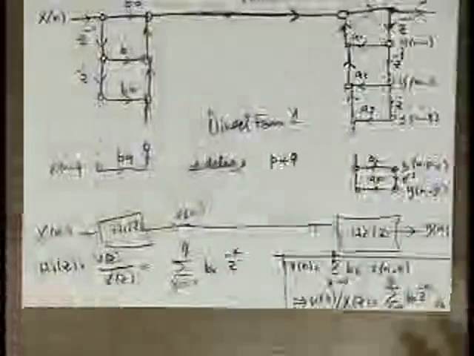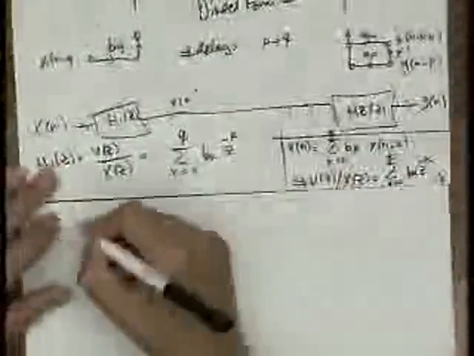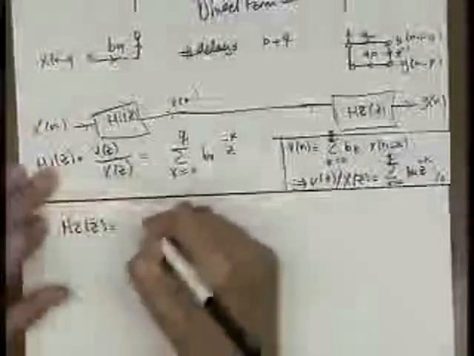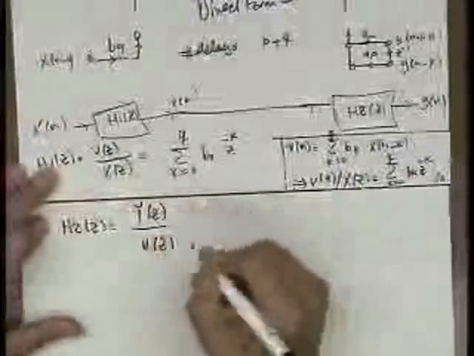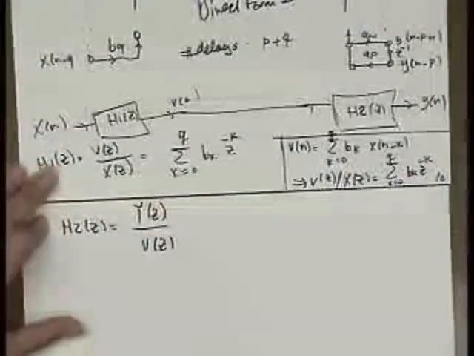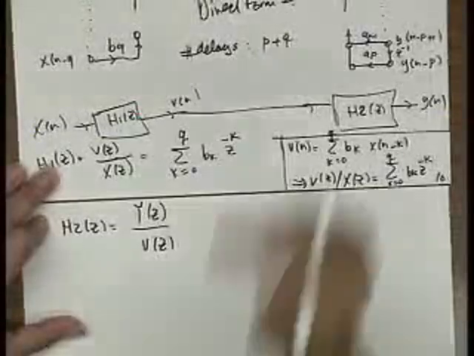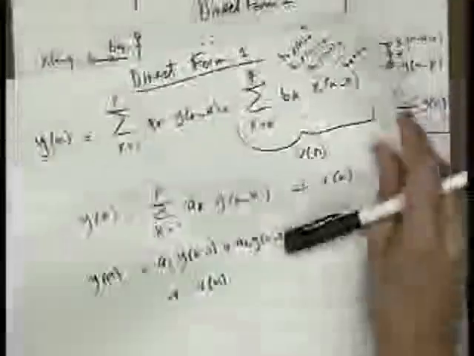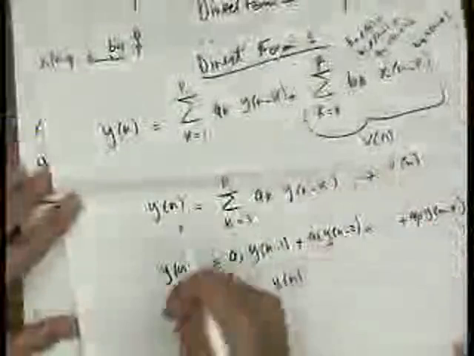So similarly, h2 of z is just y of z over v of z. And how do I write that? Well, I can go here, take z transform on both sides of this thing, and what do I get if I do that?